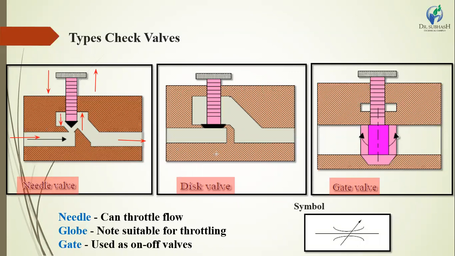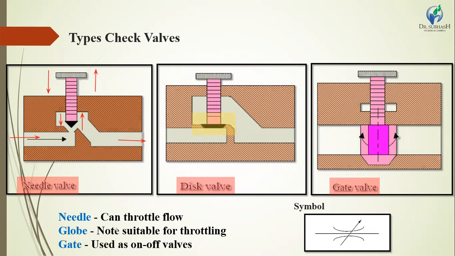If the needle is completely seated in its original position, the flow cannot pass through the valve. Here the flow condition is completely stopped.